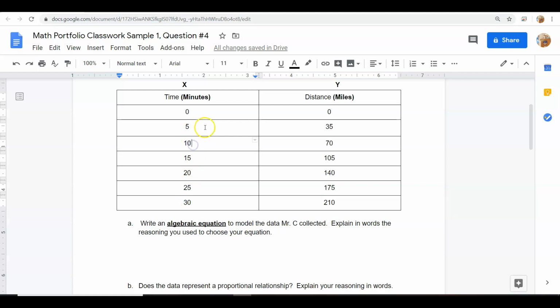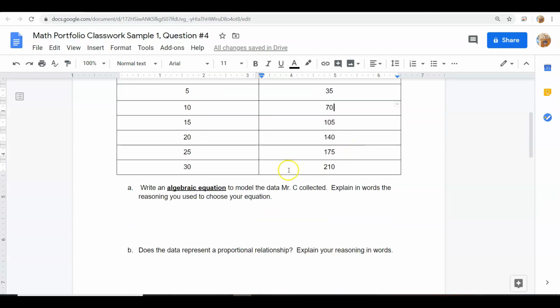And you could see that if you take this 5 and add 5, it'll equal this 10, right? So if you add 5 to this 10, you'll get the 15. So after every 5 minutes, I run a certain amount of miles. I want you to think about that and see if you can figure out how many miles I run every 5 minutes. Okay? And I want you to keep thinking about that.